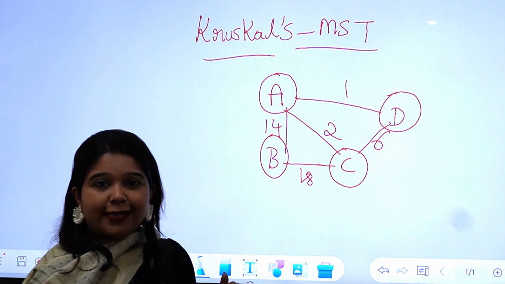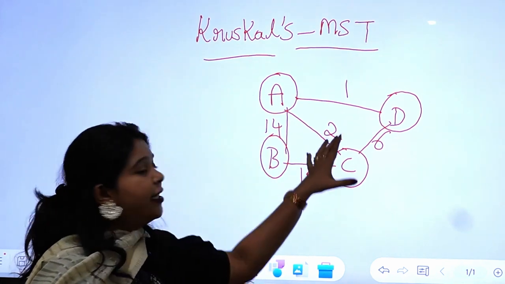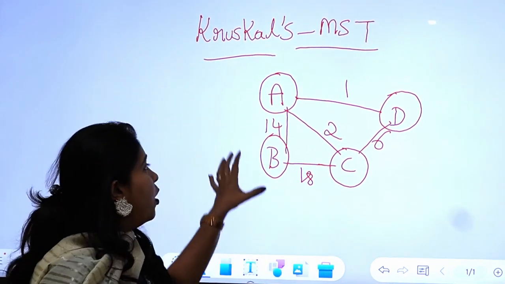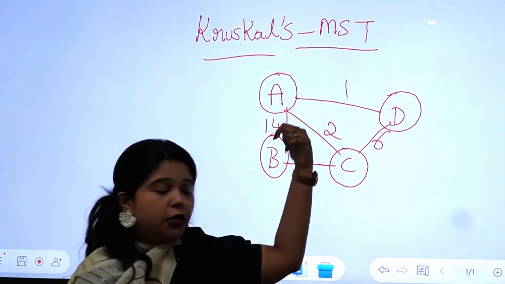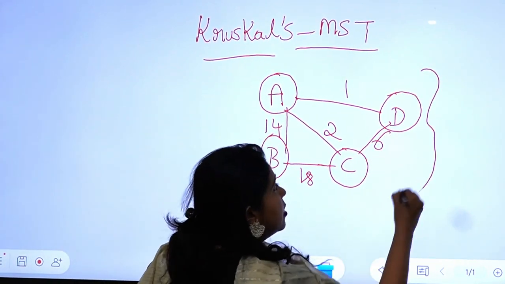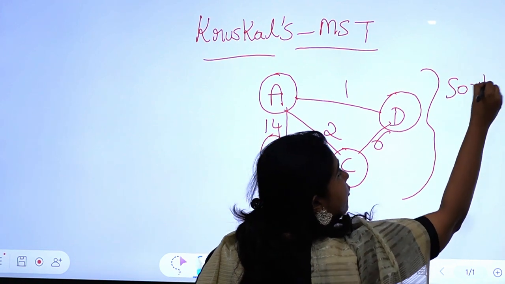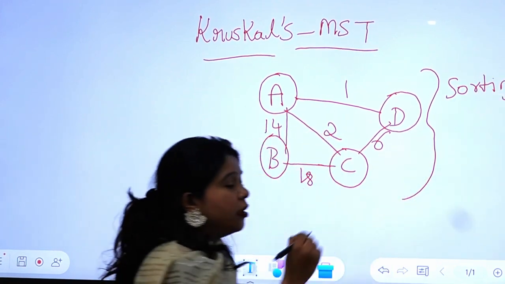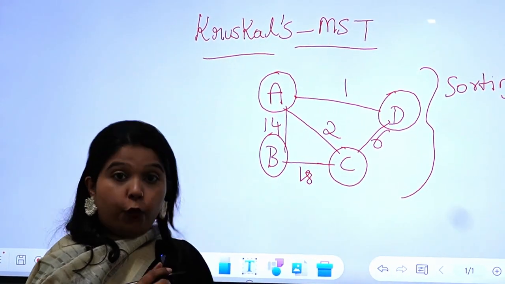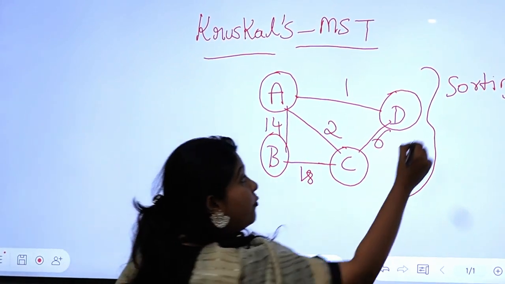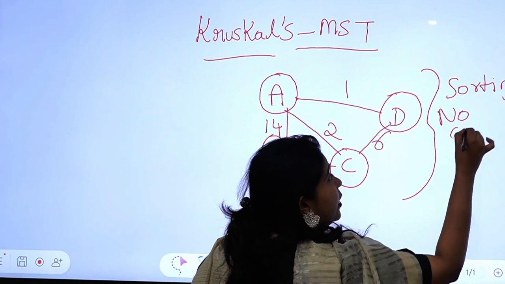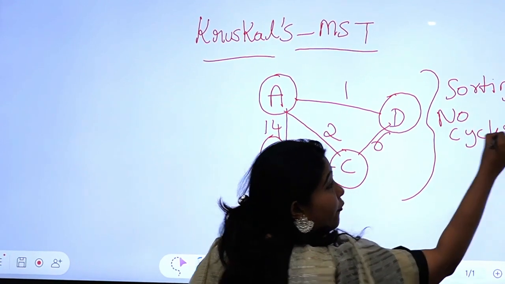If you consider this graph, which is an undirected graph and also has weights, then when it comes to MST using Kruskal's, we would first sort the weights. We would check which is the minimum weight from one node to another node, and also make sure that there are no cycles formed.